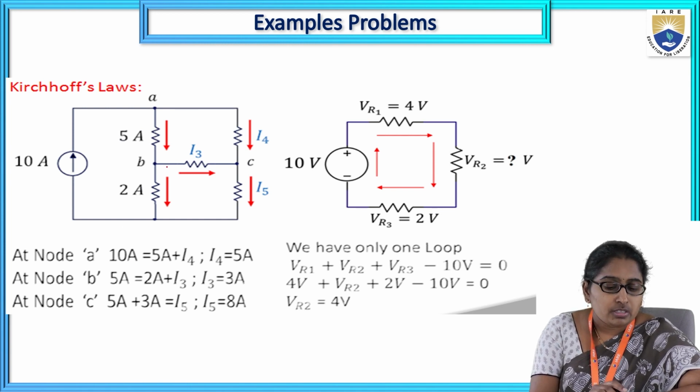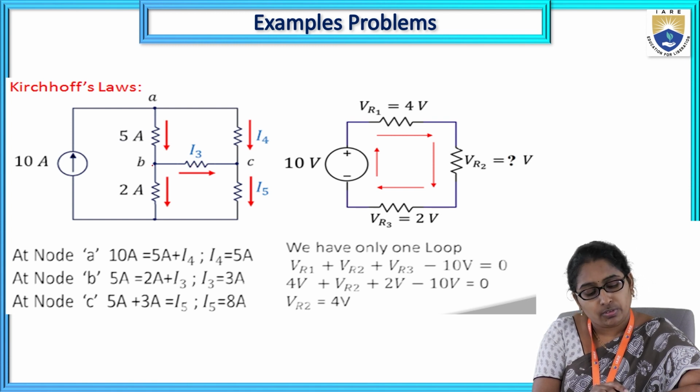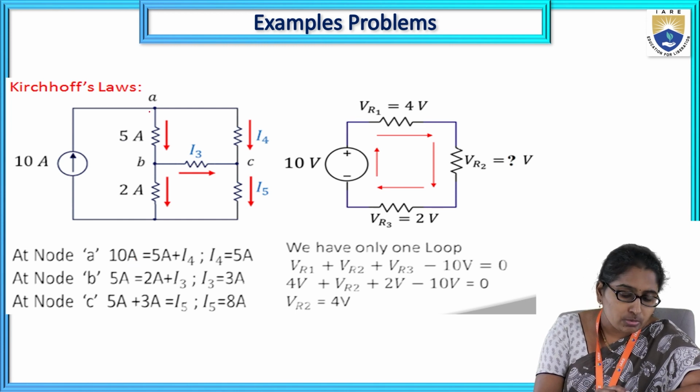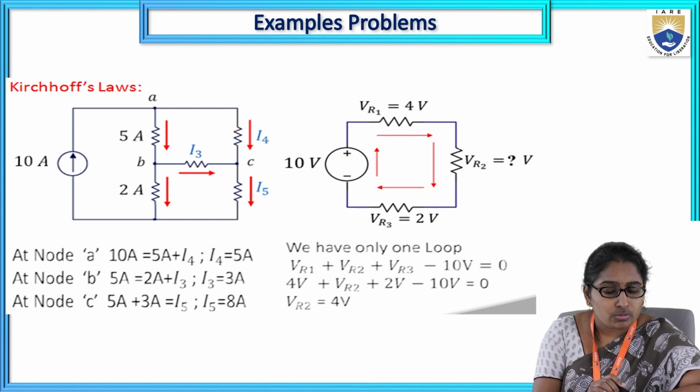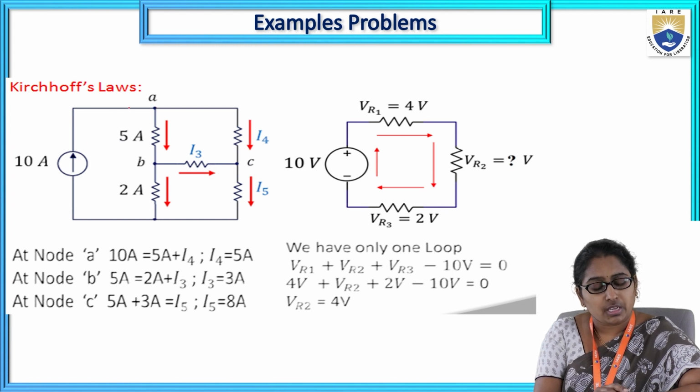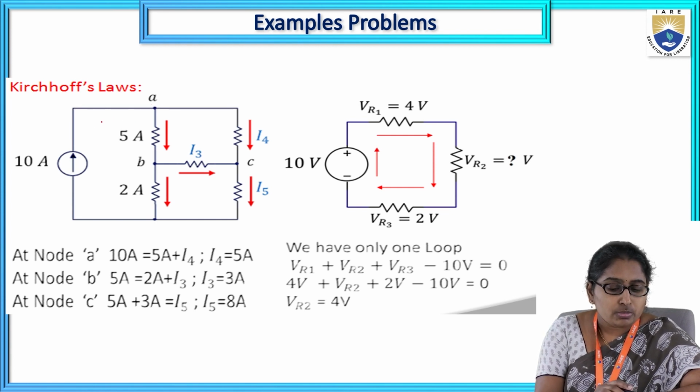In order to find current I3, you can start from node A. If you look at node A, there are incoming currents and there are outgoing currents. At node A, 10 amperes current is coming, based on the direction of this arrow. This 10 amperes arrow is shown up, which means this current is coming towards node A.